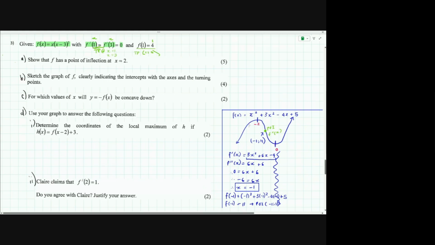Let's say that's where our turning points were. If you find the midpoint between 0 and negative 2, so imagine it on a line. Here's 0, here's negative 2. Smack bang in the middle would be negative 1. That gives you your x-coordinate of your point of inflection.